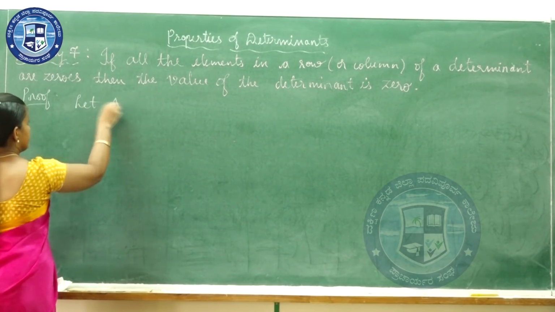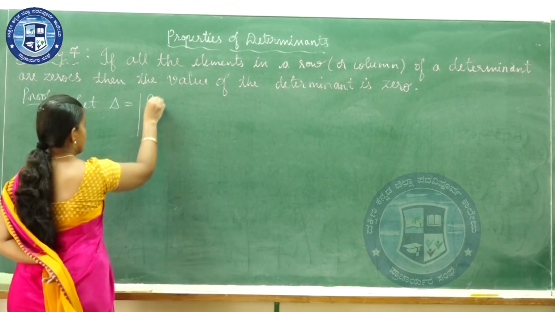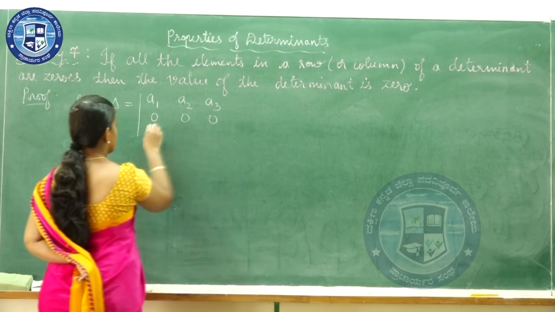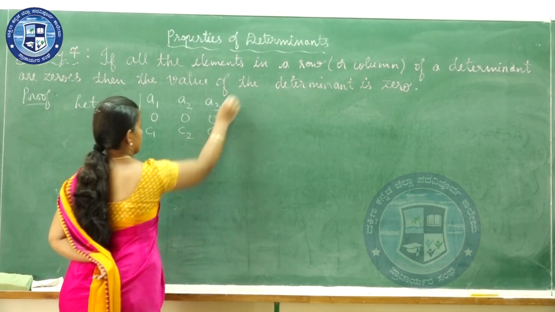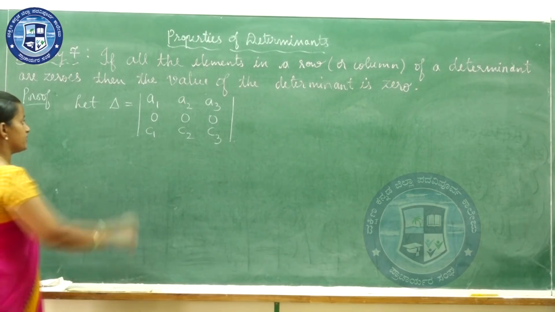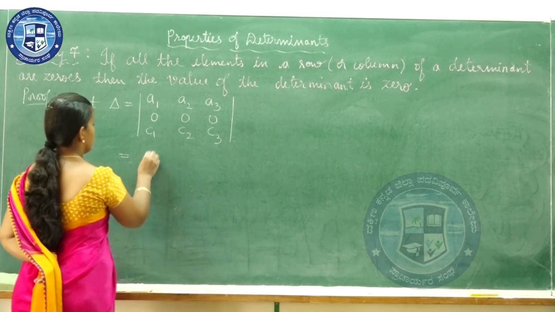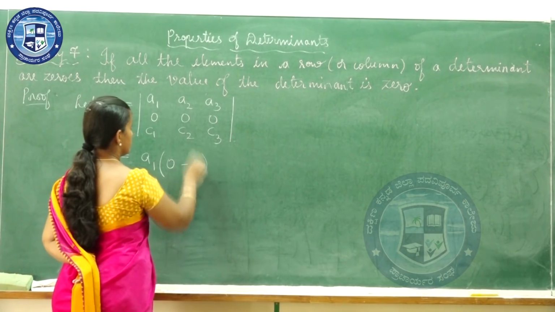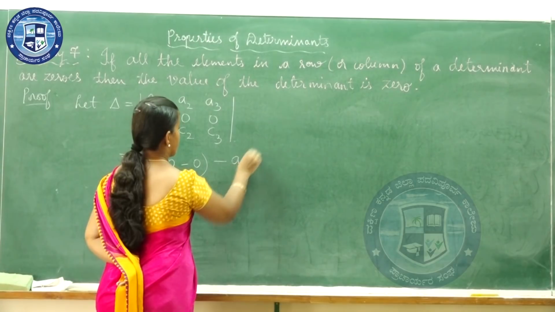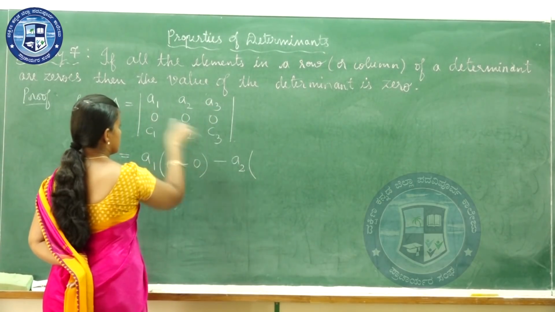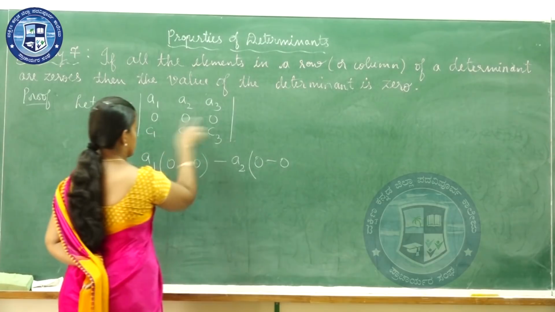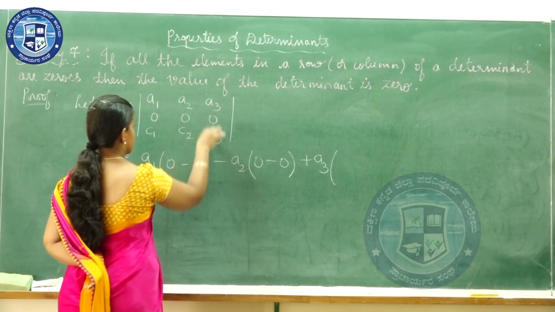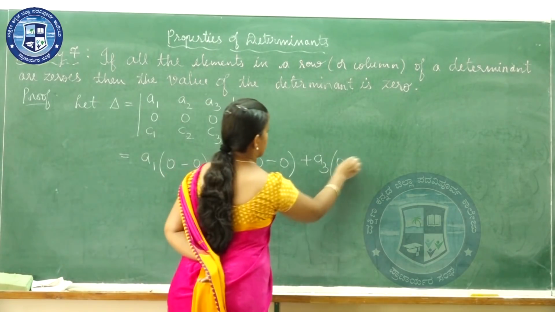Let delta equal to, let me consider A1, A2, A3, 0, 0, 0, C1, C2, C3. Okay, now expand the determinant about the first row. A1 into 0 minus 0, change the sign, minus A2 into 0 minus 0 plus A3 into, delete this, so 0 minus 0 once again.